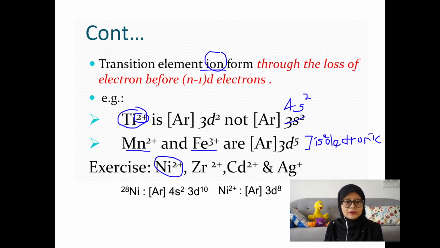To remove 2 electrons, you need to remove them from the 4s2, the outermost orbital, and you get Ar 3d8. So guys, I need you to do zirconium 2+, cadmium 2+, and silver 1+, and we will discuss the answers during our class.